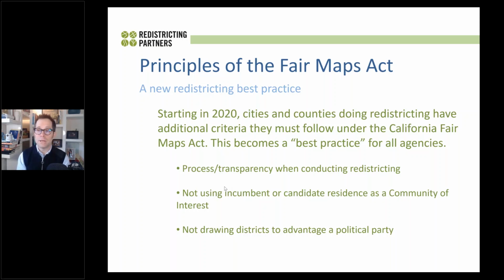They're not even told that they have to follow the Federal Voting Rights Act, but they do. They're not told they have to do a 10% deviation, but they do. A lot of the processes of redistricting rely on best practices, the things that are commonly being done in other similar agencies. And so the Fair Maps Act creates these best practices that are around additional transparency, not using incumbency or candidates as a community of interest, not drawing districts to advantage a political party.